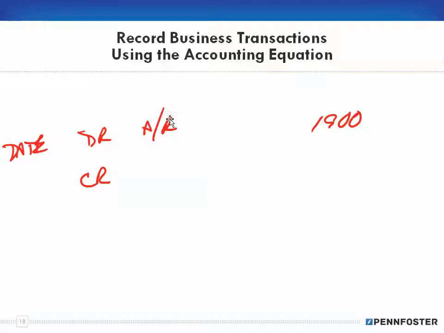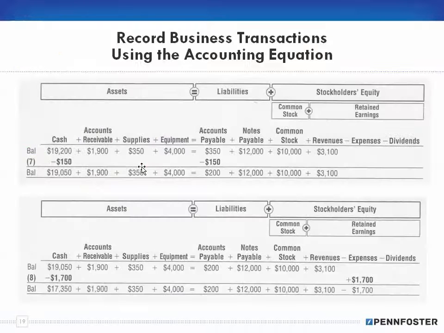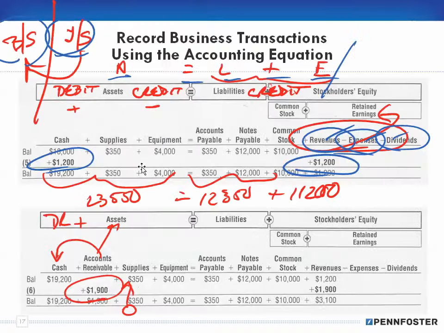Well, if I have a debit to accounts receivable, and debits must equal credits, then I have to credit something else. And what am I going to credit? Well, what am I doing? I'm not buying another asset, and I don't owe anybody anything, because I'm making a sale, and it's not equity because it's not an investment in the business.